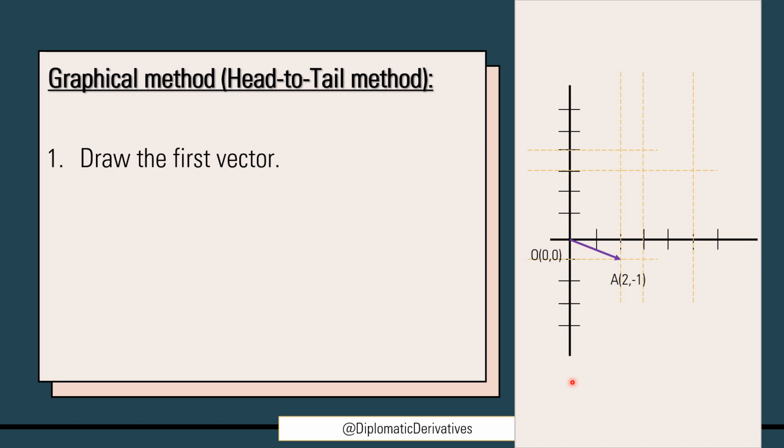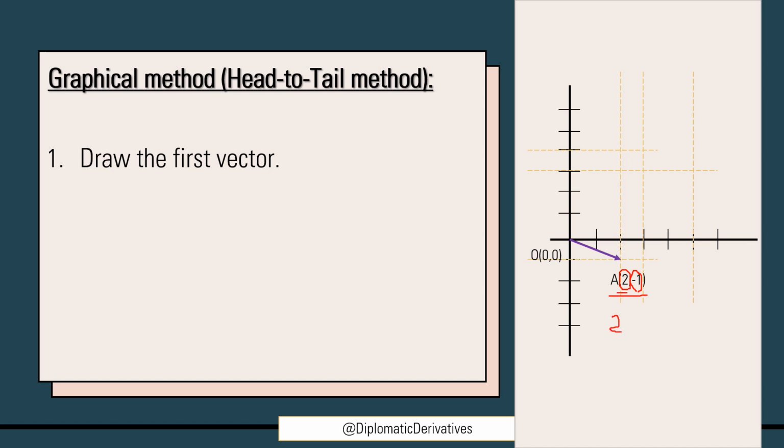First of all, draw the first vector. In the previous videos, we have already done vector notation, so make sure you watch those. What does the point A mean? Point A means that the first value is on the x-axis and the second value is on the y-axis. So the first point 2 becomes 2i.